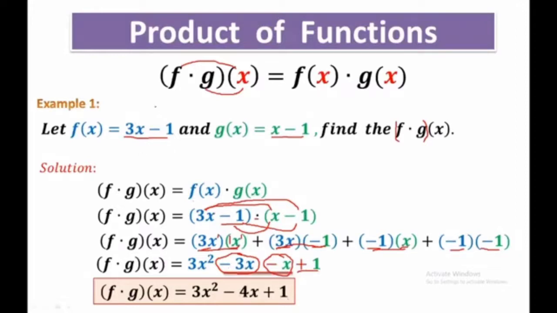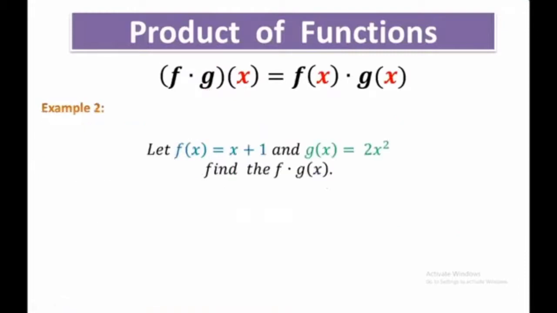Okay, the product of the two functions here, 3x minus 1 times x minus 1, is another function, which is 3x squared minus 4x plus 1. Ayan, nagmo-multiply lang tayo ng dalawang functions. And then the result is also another function. So dito, we just need to master the multiplication of polynomials.